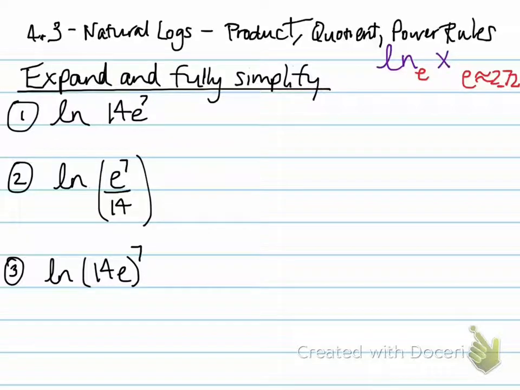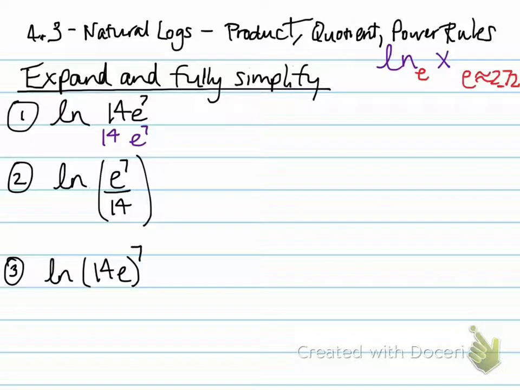Okay, so we want to expand natural log of 14e to the 7th power. So I just want to point out that we're going to use the product rule here. These are multiplied. So anyway, this is really natural log of 14 times e to the 7th.